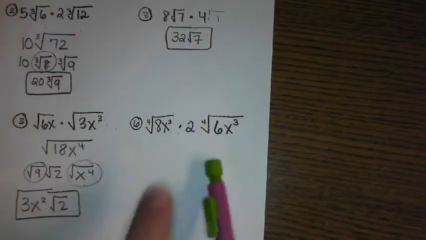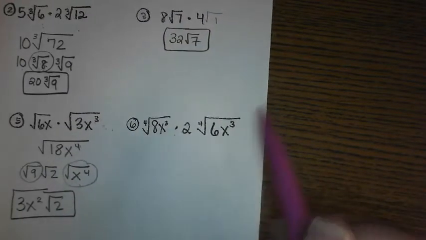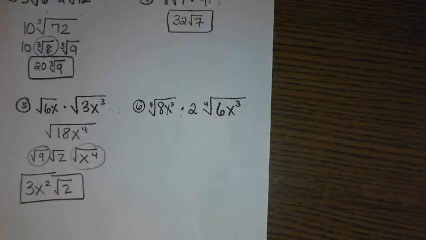Number 6 here, going with 4th roots. So take a second, try to think of what that's going to be when you initially multiply, and then I'll randomly pick on someone. McKenna, what do you think?